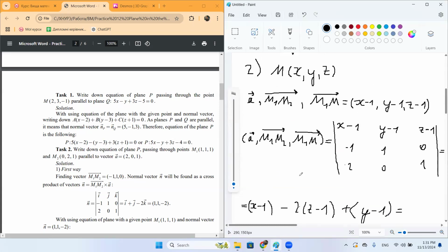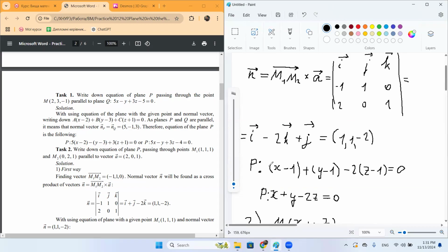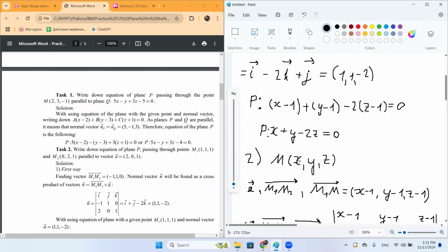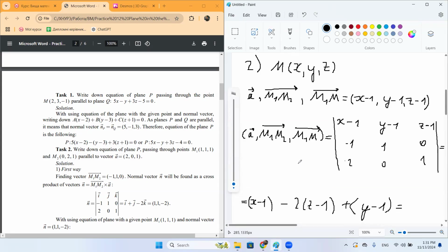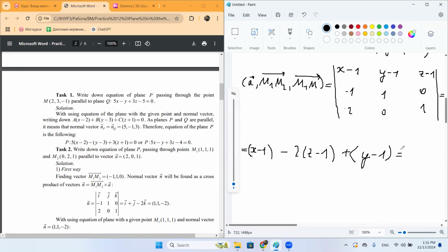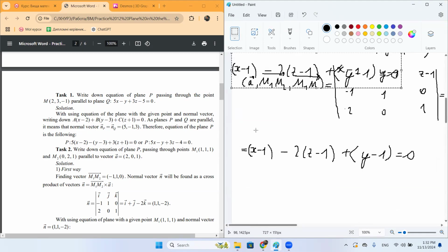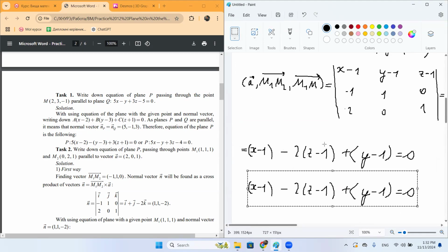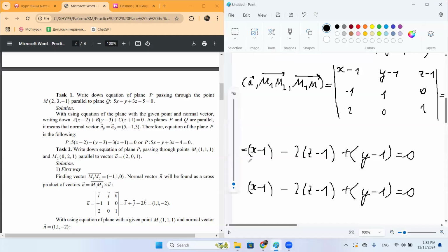Basically, as we can see, it matches the previous equation, so we won't waste time expanding brackets. Let's write it down as the final answer, the equation of the plane P.